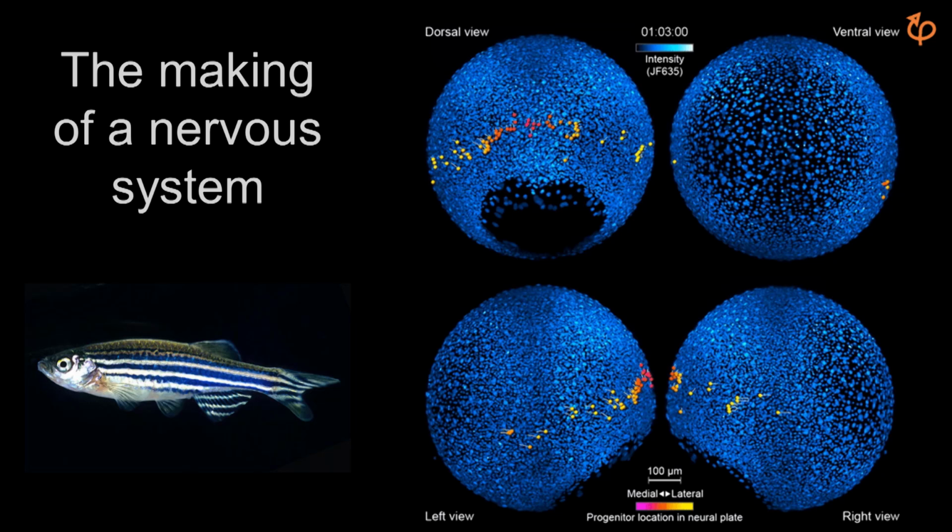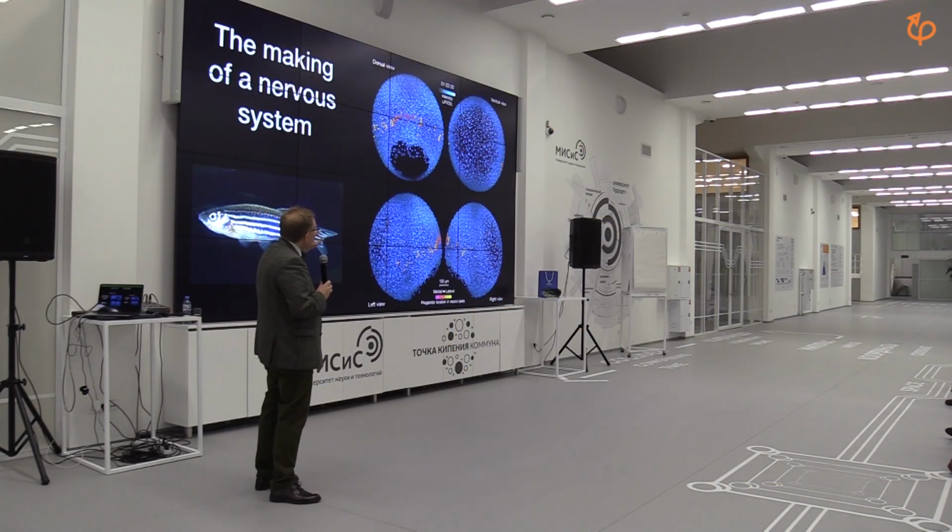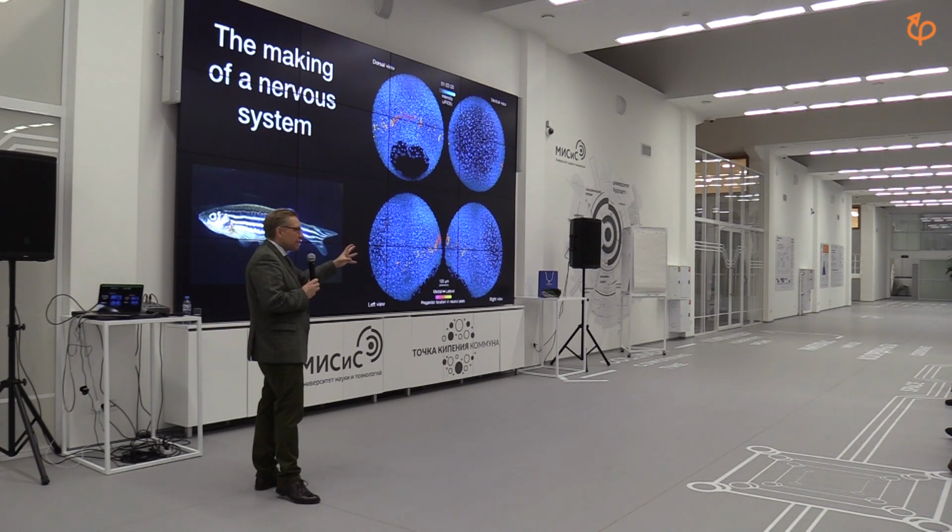And in this you will see a ton of cells, all these blue dots are cells, and then you have a specific label of some cells which will give rise to the nervous system. So this means you can track each cell in this embryo, and then you can also identify using genetic labeling which cell is becoming what and where they are at which time point of the development.